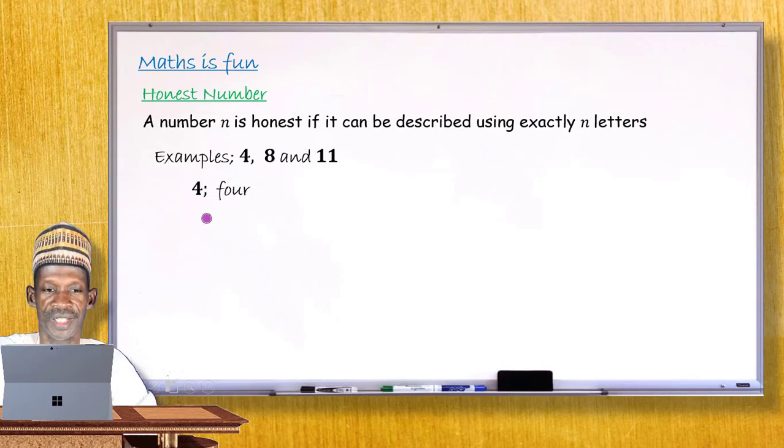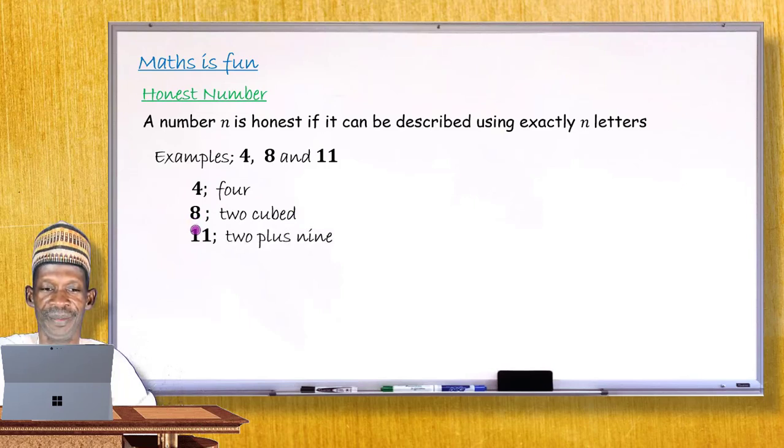Let me take 8. 8 is another honest number because this 8 can be described in words as 2 cubed. If you count how many letters are used, 1, 2, 3, 4, 5, 6, 7, 8, exactly 8 letters as the number itself. So 8 is another honest number.